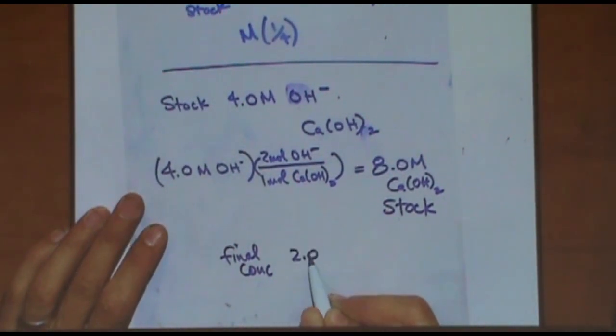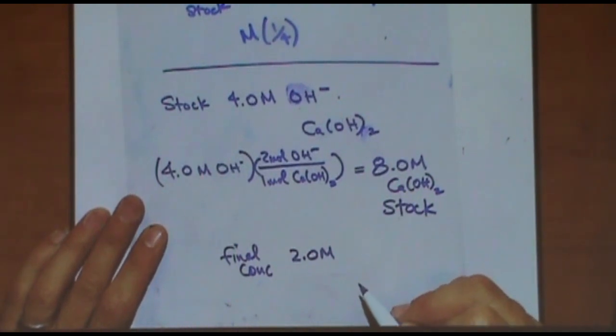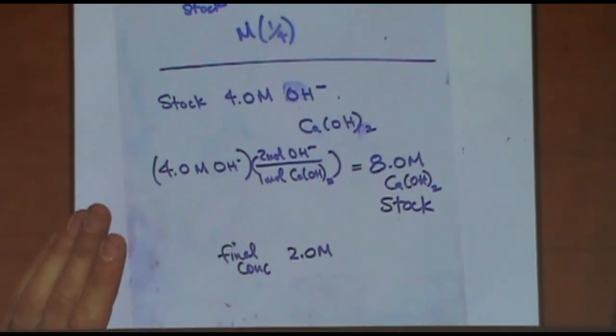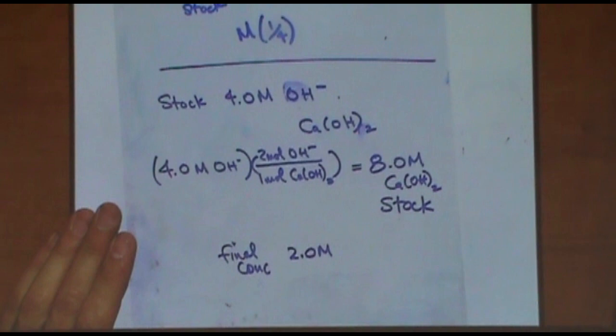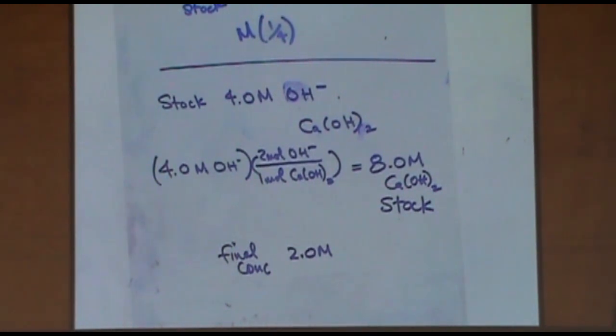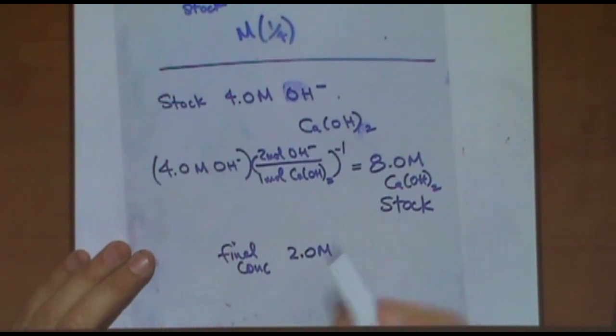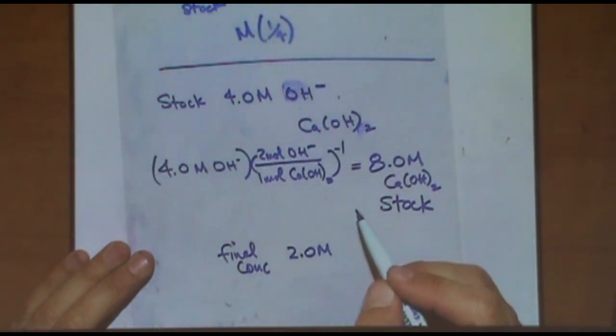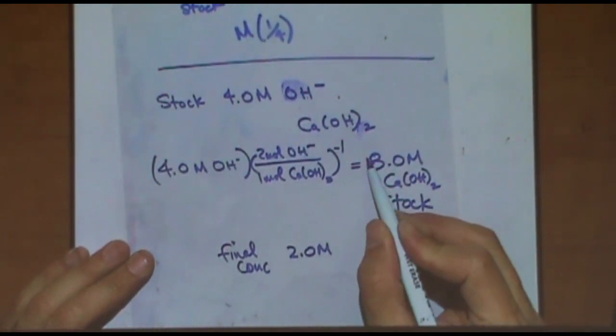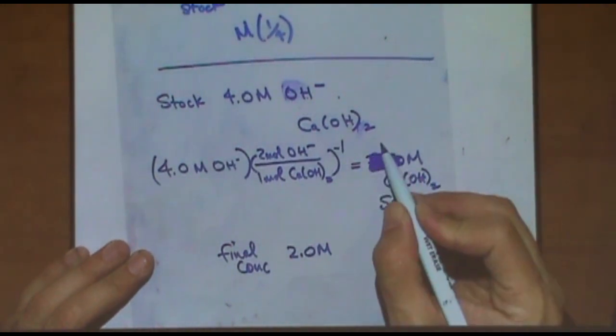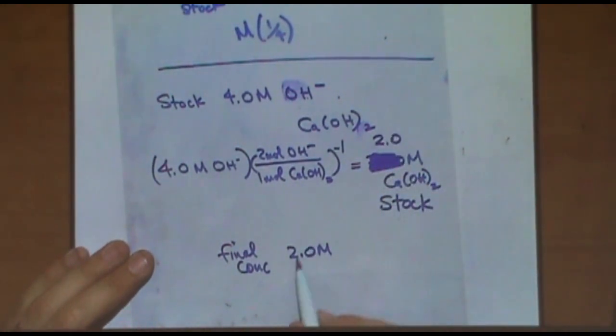I think it was 2, right? 8 divided by 4. Yes? Oh, did I do it backwards? Nice. Yeah, I wrote it backwards, thank you. So it's not 4, it's 2. Yes. Excellent.